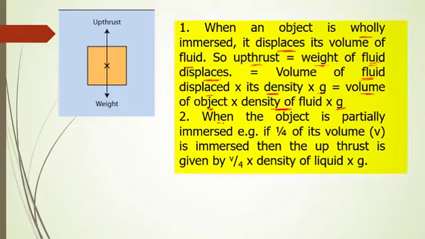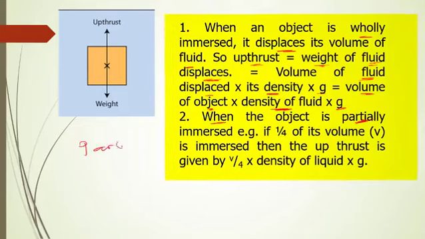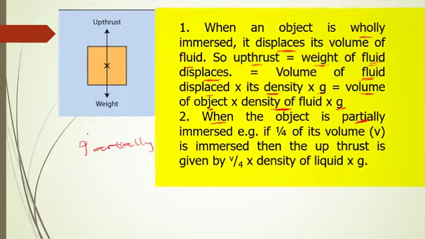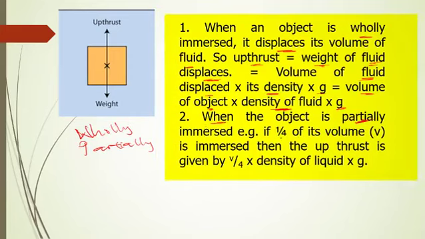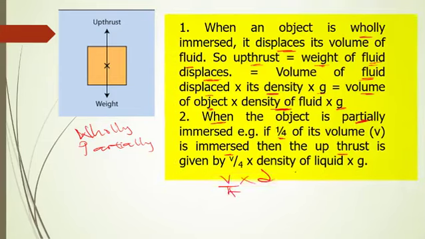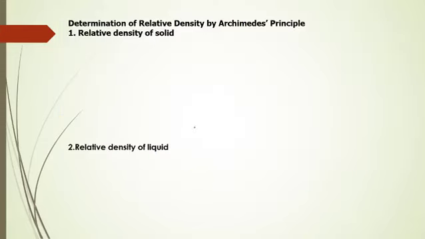The second point is that when an object is partially immersed, remember we've talked about wholly immersed. Now this is partially immersed in water. For example, let's say 1/4 of its total volume is being immersed. Then the upthrust is given by the volume divided by 4 times the density times acceleration due to gravity.